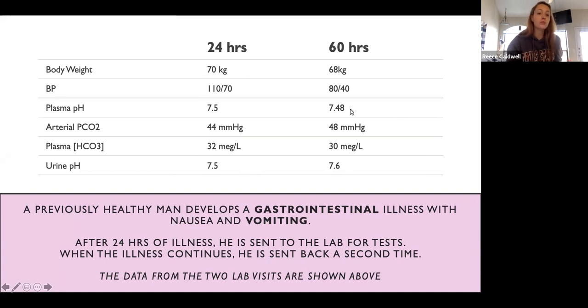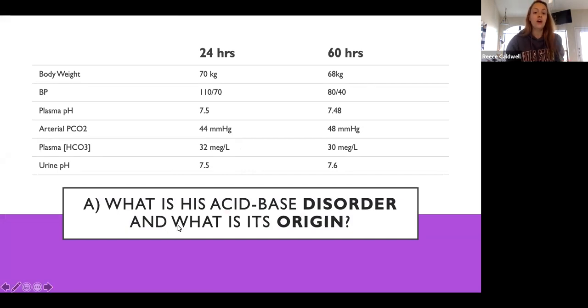So what we're going to do is use this data to answer the following questions. So A is asking, what is his acid-base disorder? So respiratory or metabolic acidosis or alkalosis, and what is its origin? So when examining this data, there are a few things that we definitely don't need to worry about, like body weight, blood pressure, things like that.